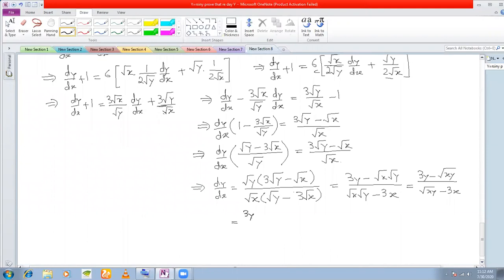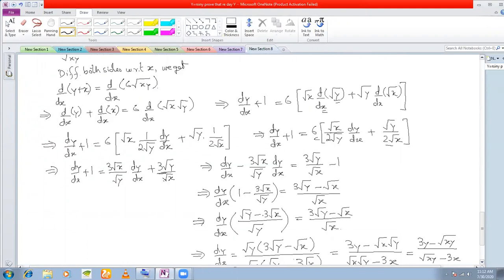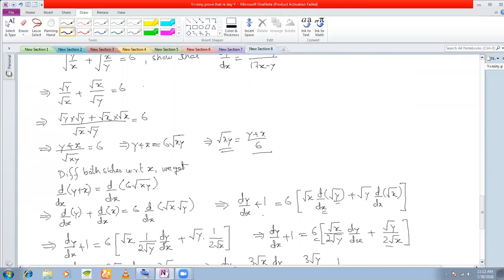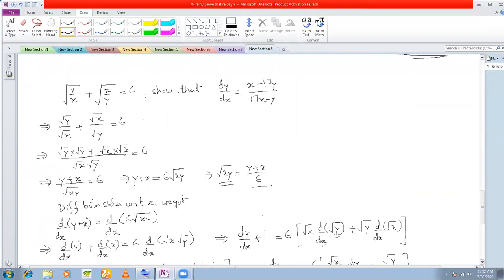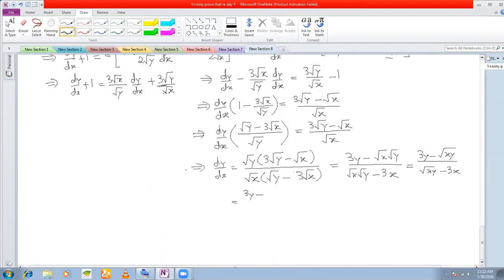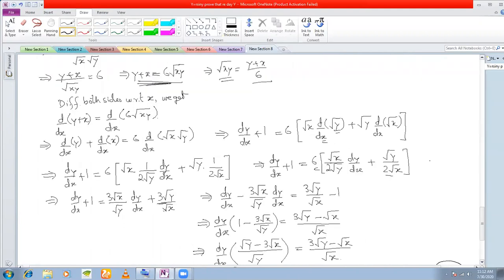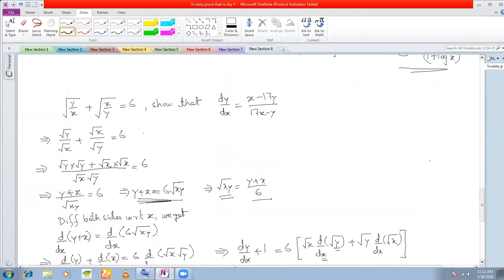No, see, here what I have done, till here I have only simplified, right? And then I have differentiated from here. Now see what I am getting. I am getting here root xy, isn't it? dy/dx is equal to something in root xy. But what I have to prove, is there any root here?